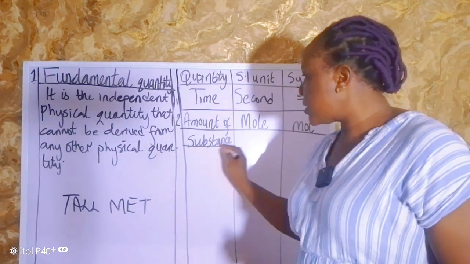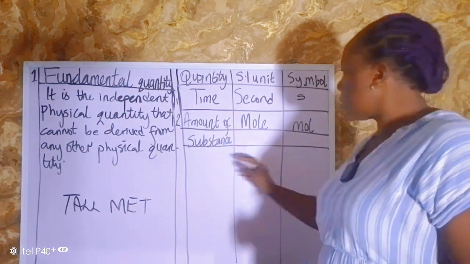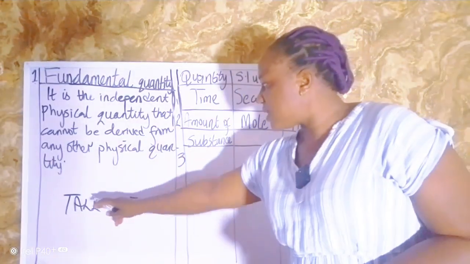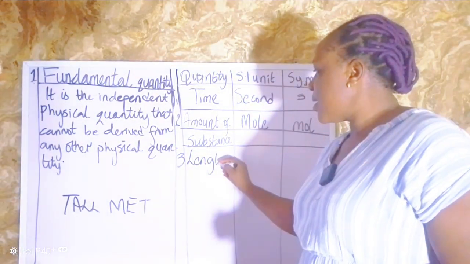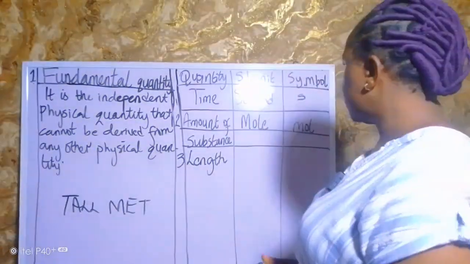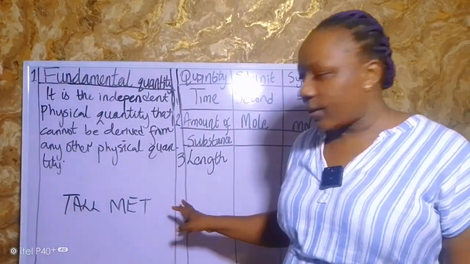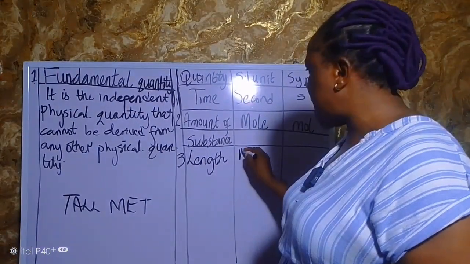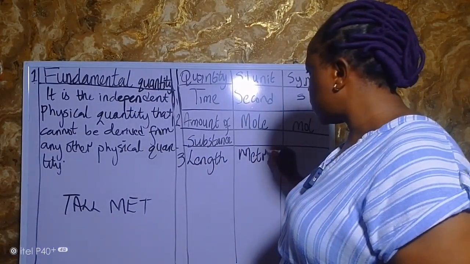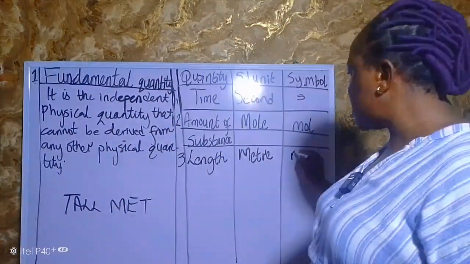So we now come to the third one, which is our L. We have our length. The SI unit assigned to length is meter, and the symbol is just m.